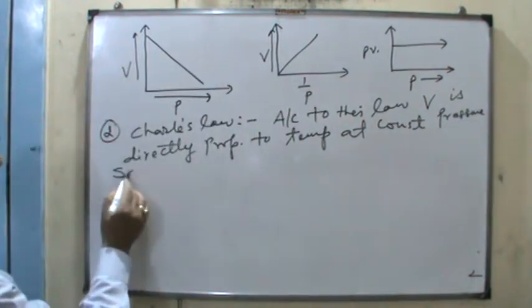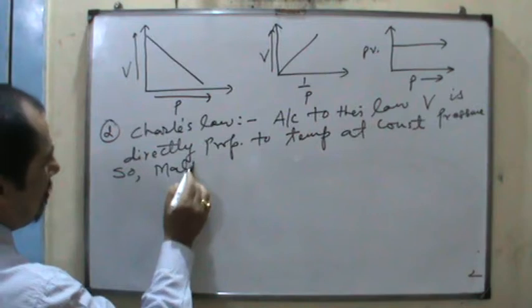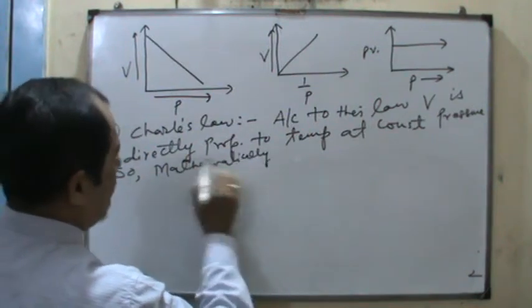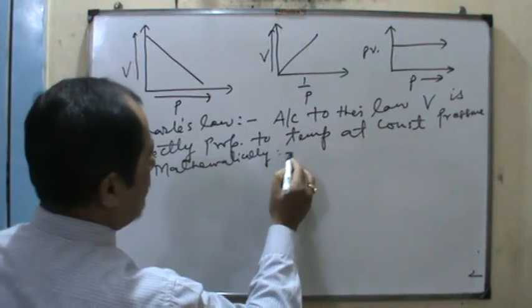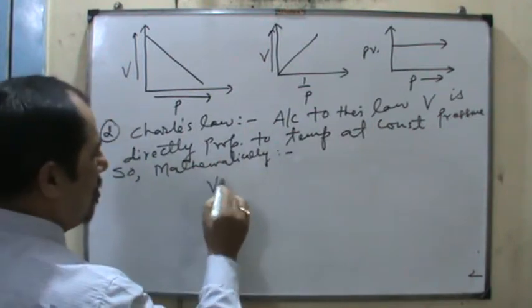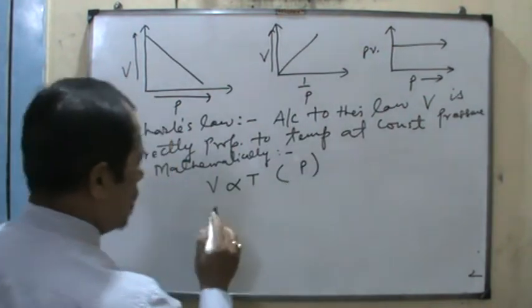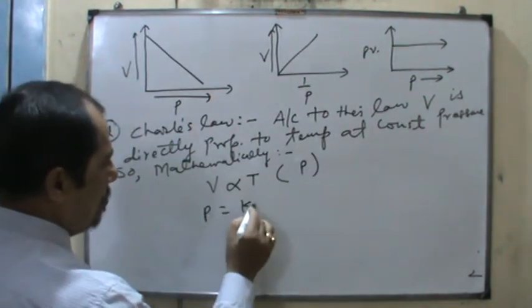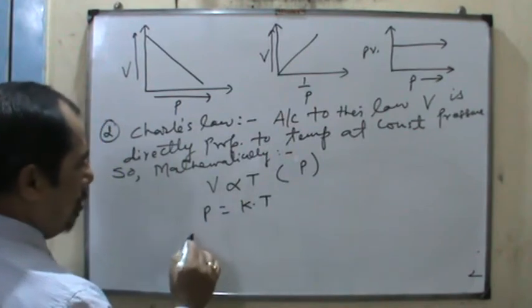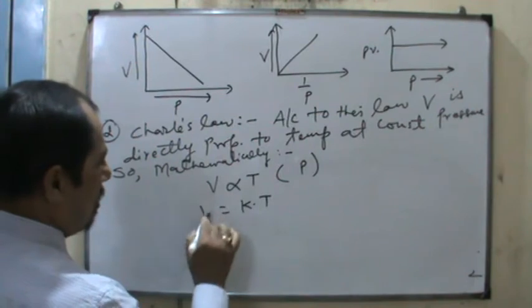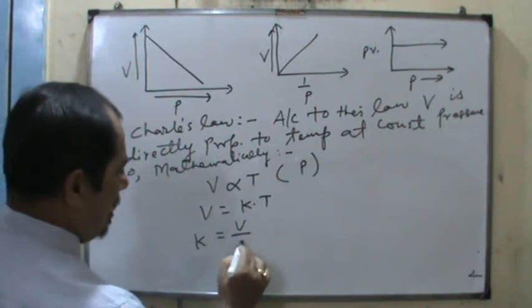So mathematically, Charles' law is written as volume is directly proportional to temperature at constant pressure. V is equal to K into T, or K is equal to V by T.